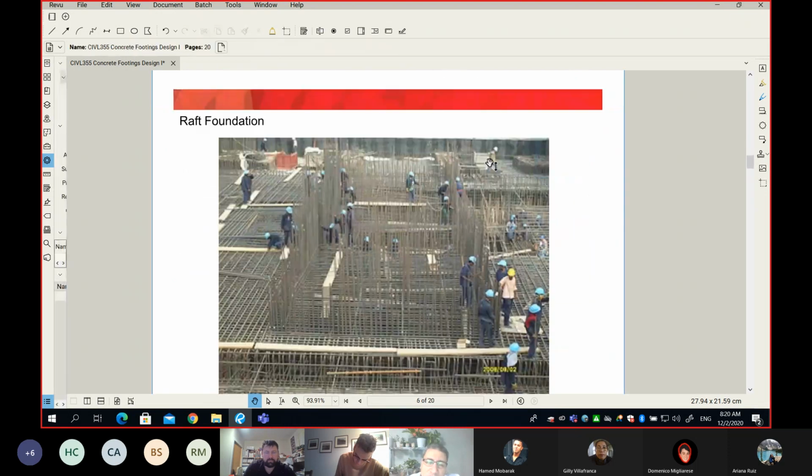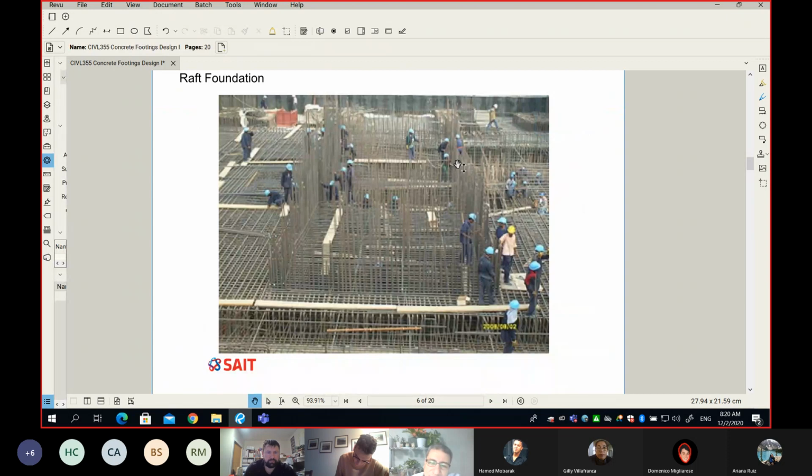Now, here is a picture of a raft foundation, and you can tell that it's very serious. Look at the amount of reinforcement in this raft footing. There is like a forest of reinforcement, and I don't know if you're surprised.